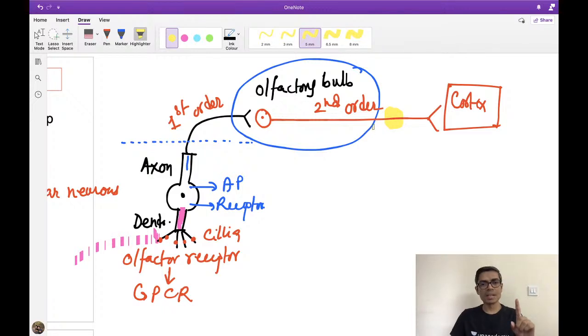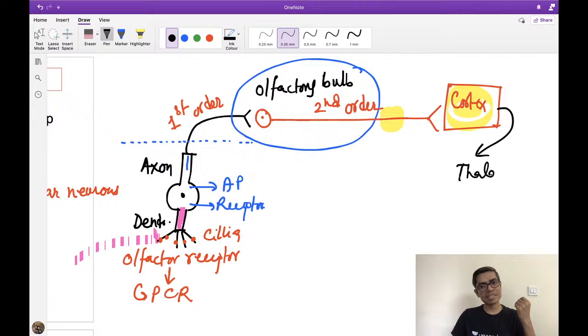This is the only sensory pathway which goes directly to the cortex without going through the thalamus. From the cortex, it may reach the thalamus later on. But you have to remember that the second order neurons are not relaying at the thalamus; they are bypassing the thalamus and directly reaching the cerebral cortex.